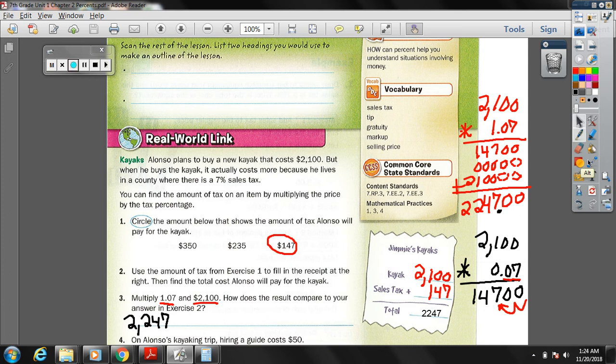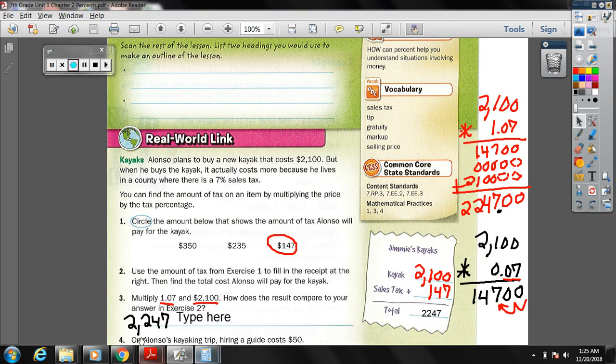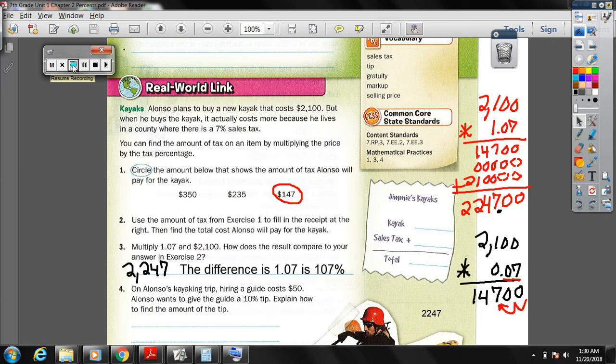What was the main difference? Well, the main difference is that 1.07 is 107%.